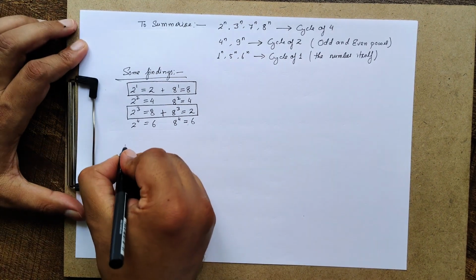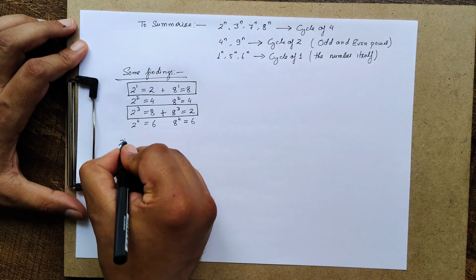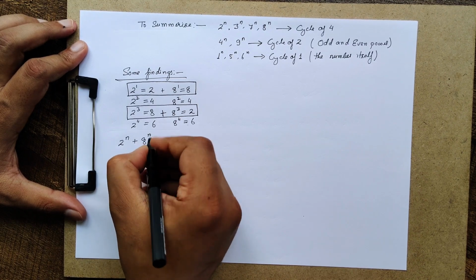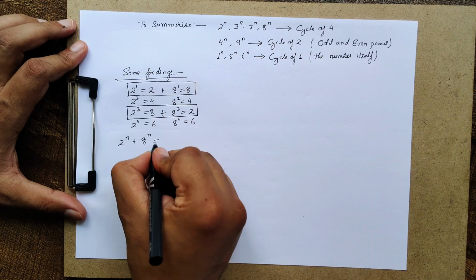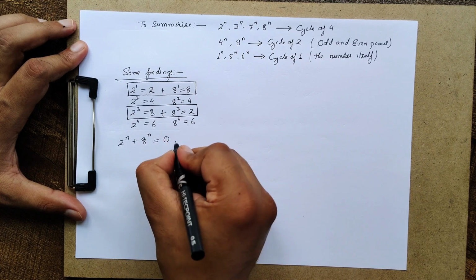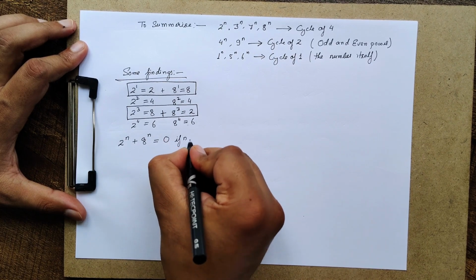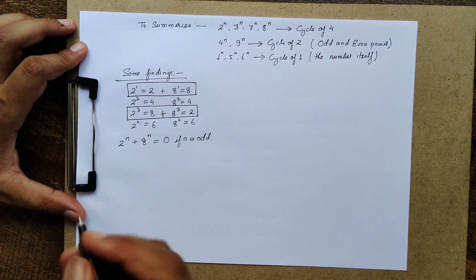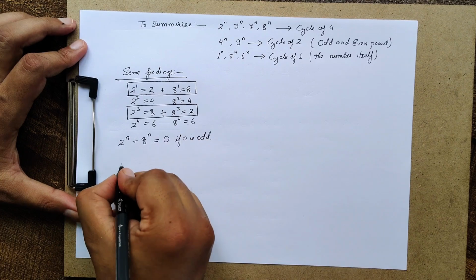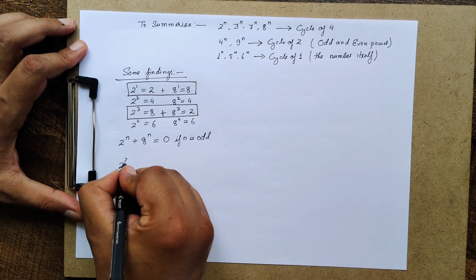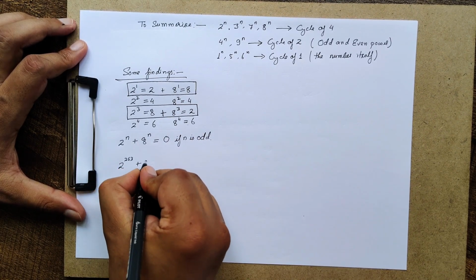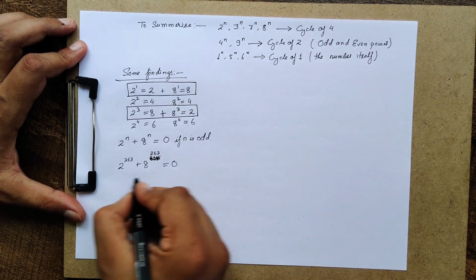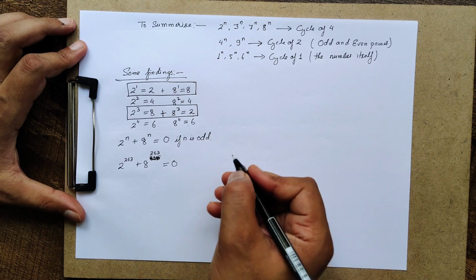So can we write it as 2 to the power n plus 8 to power n, the unit place will always be 0 if n is odd. So if someone gives you a question like this, 2 to the power 263 plus 8 to power 263, we can say the value will be 0.